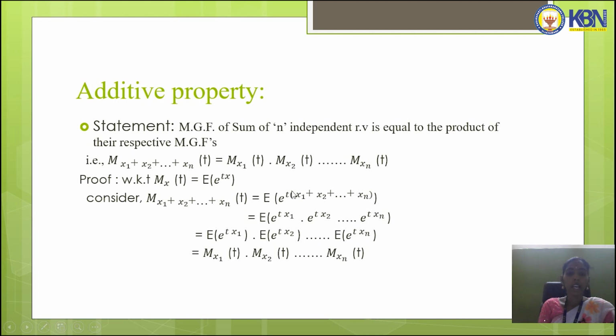That equals expectation of e^(tX1) into e^(tX2) and so on e^(tXn). Applying expectation for the individual terms, we can write expectation of e^(tX1) into expectation of e^(tX2) and so on expectation of e^(tXn). So this is the formula for M_X1(t), this is the formula for M_X2(t), and so on, this is the formula for M_Xn(t). Hence proved, additive property.